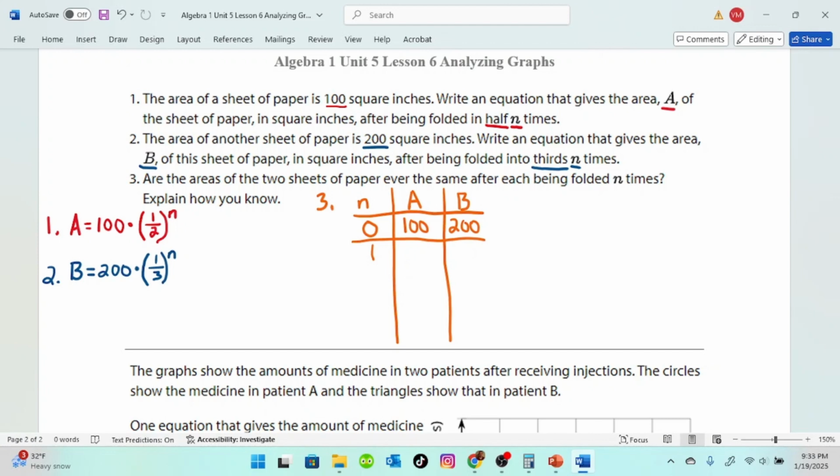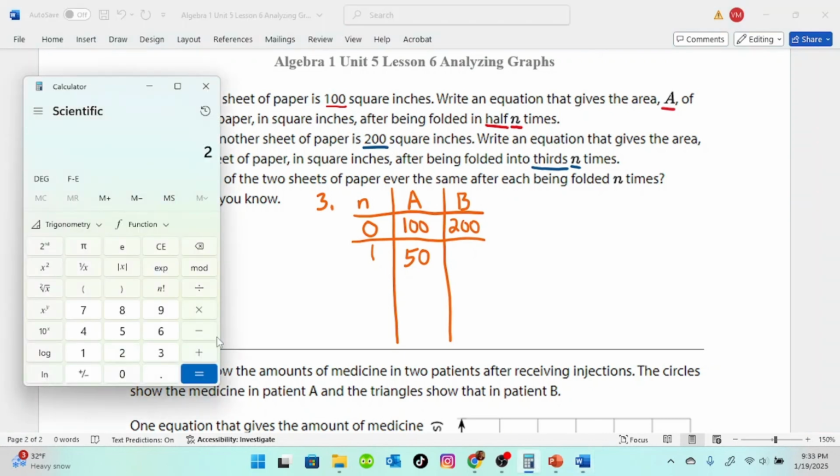Paper A is multiplied by 1/2, so 100 times 1/2 becomes 50. Paper B is multiplied by 1/3. So 200 times 1/3 gives us 66.7.